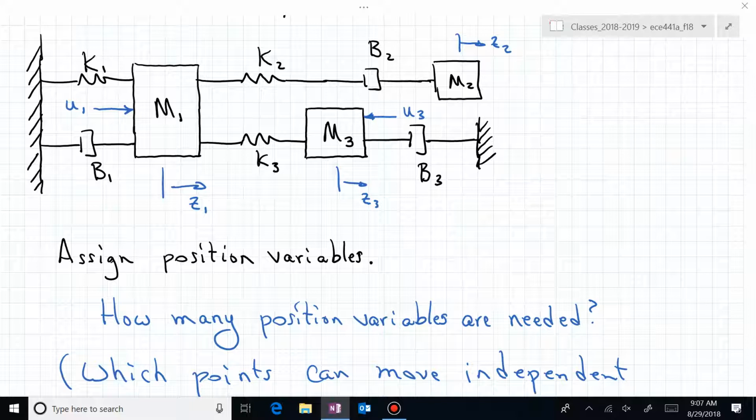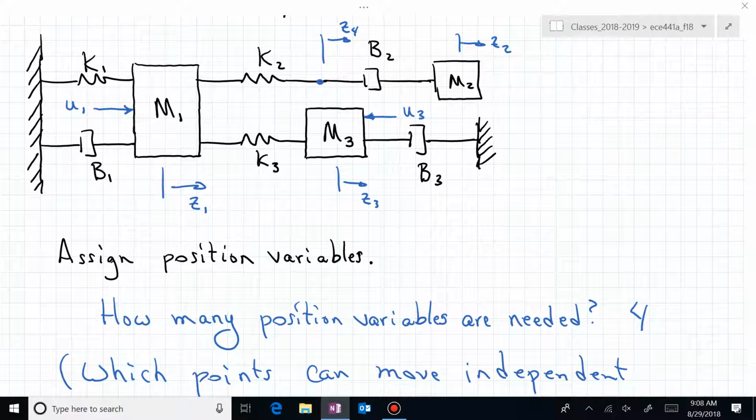That's a fourth point that we can identify, and I'll just put a node there, but that could be a massless point. It could be mass 4. It's just that mass 4 weighs nothing. And we now can say that this is point 4. And when we say how many position variables are needed, now the answer should be obvious. Right? 4. So that's how many position variables we need.